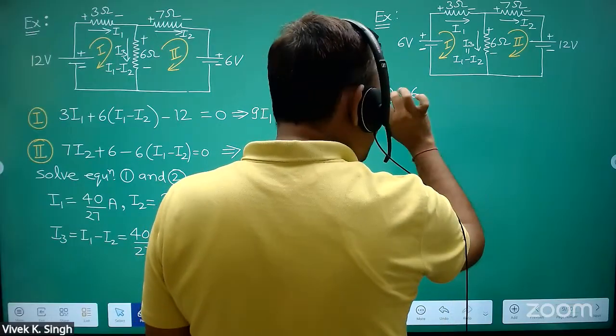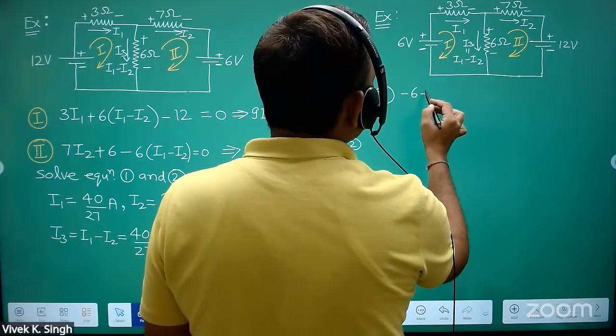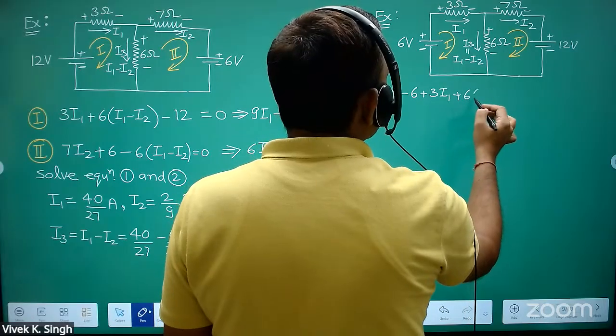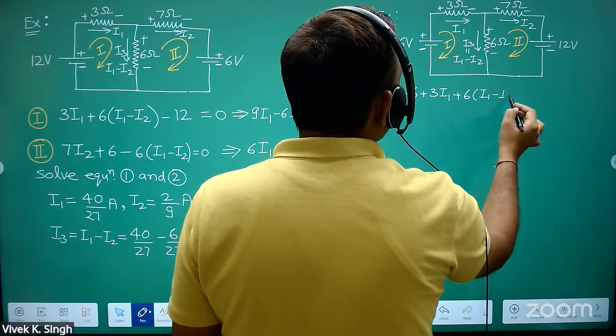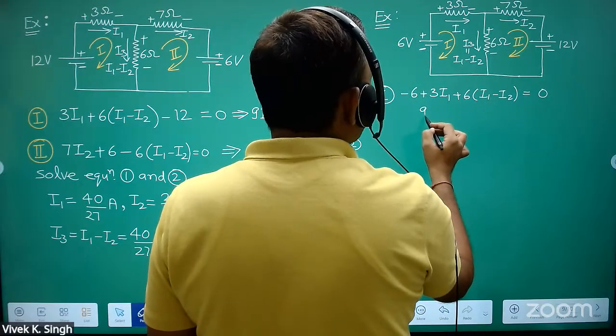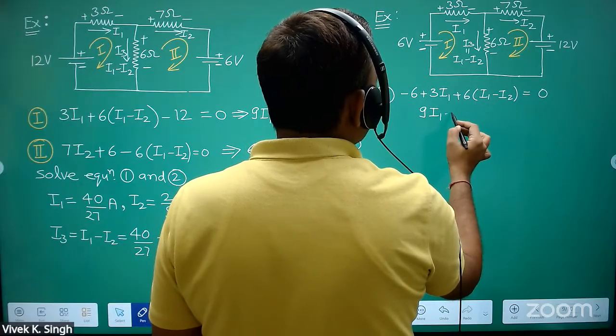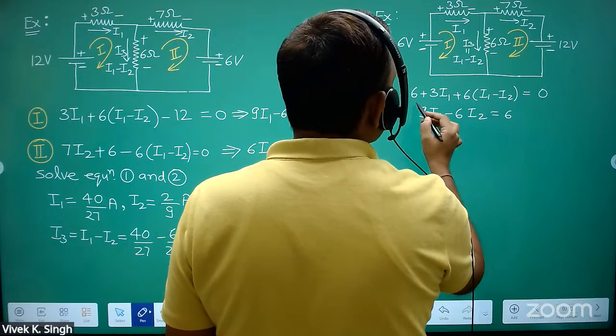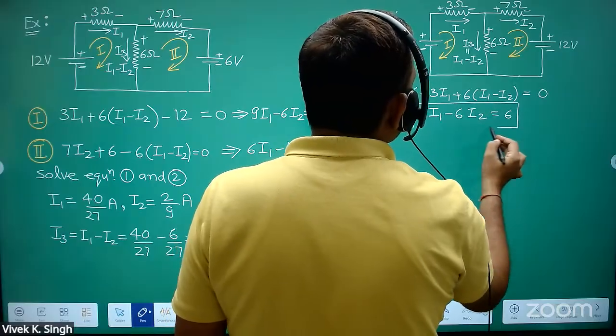All are in voltage. So plus 3 into I1 volt plus 6 times I1 minus I2 is 0. So can we write it as 9 I1 minus 6 I2 is equal to 6? This is one equation.